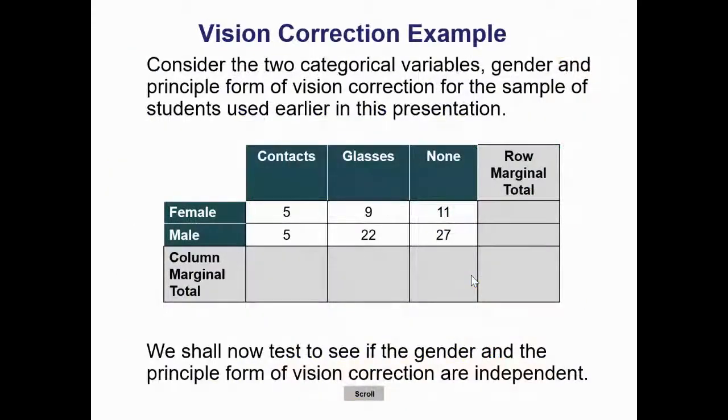Okay. Next example. So we're going back to that vision correction example that we started the chapter with. So we have males and females. Those are two populations. And then we look at whether they wear contacts, glasses, or nothing to correct their vision.